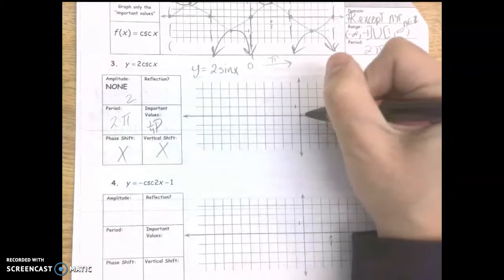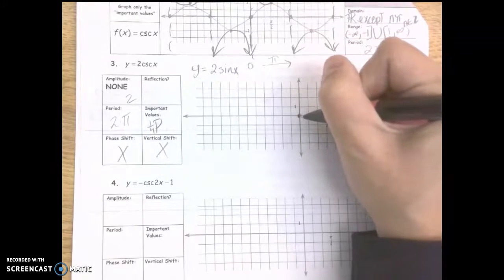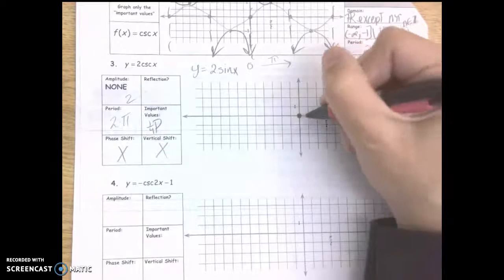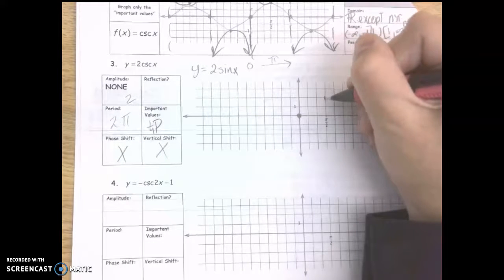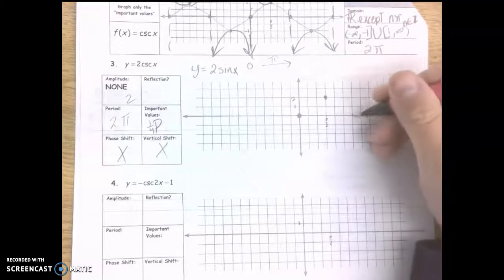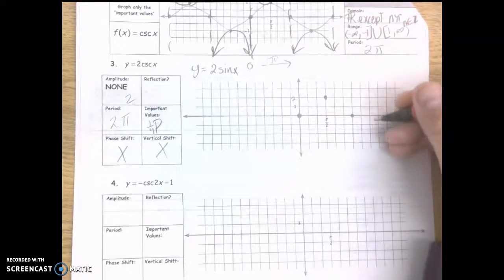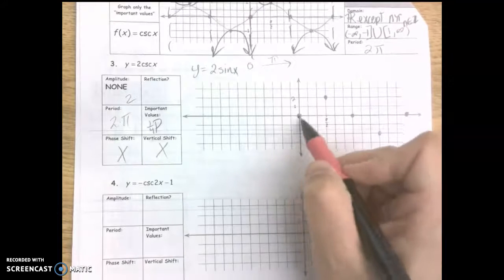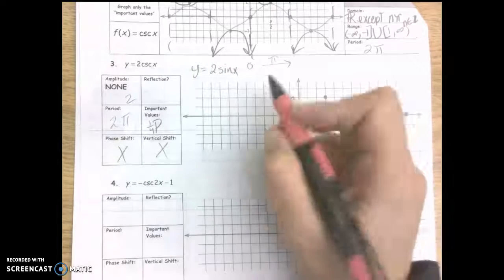All right, so sine always starts on the midline at 0, 0, unless there's a phase shift. So I go to pi over 2, and I'm going to go up to 2 since my amplitude for sine is 2. Then I go back to 0, then I go down to negative 2, and then I go back to 0. Then I can reverse that pattern.